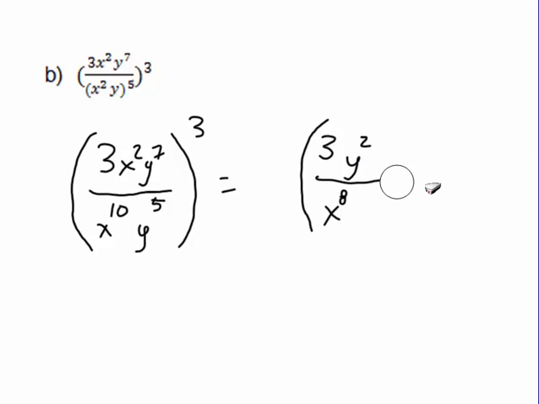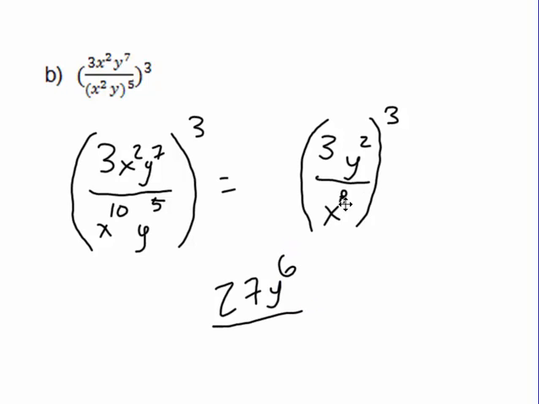And I can erase some of that. All of this is being raised to the 3rd power. 3 cubed is 27. Y squared cubed is y to the 6th. And x to the 8th cubed is x to the 24th power.